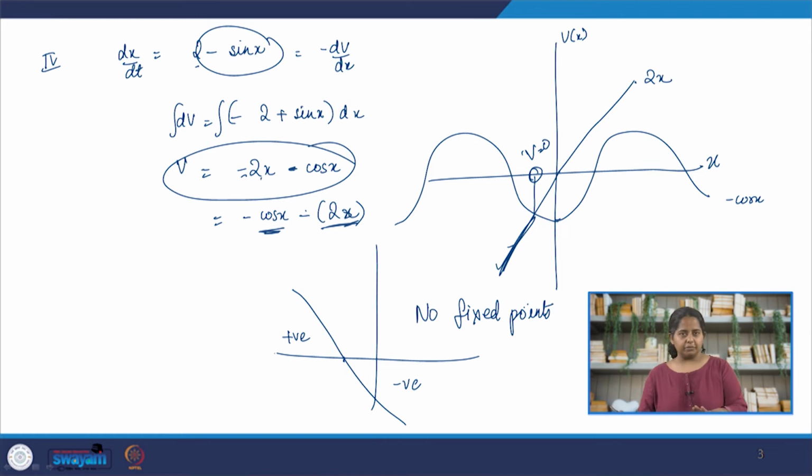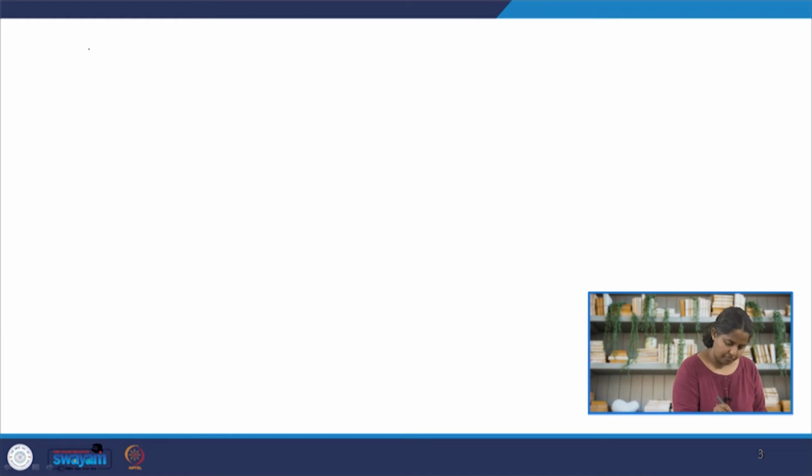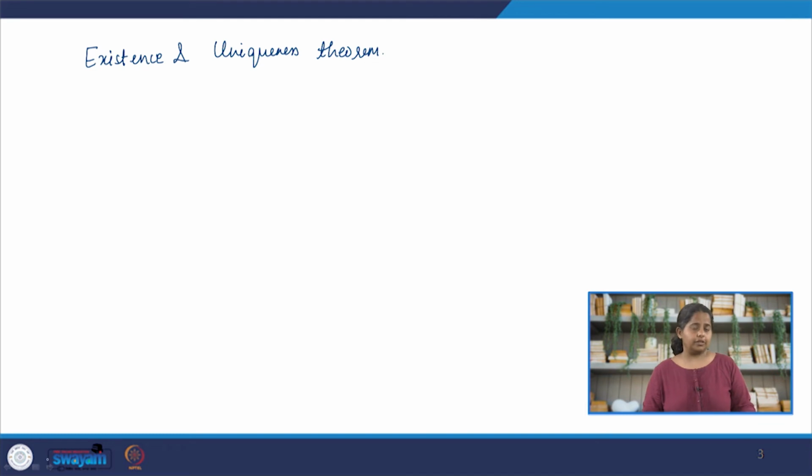So this is the potential approach, and now I want to dive into some of the prerequisites that are required for both the qualitative and the quantitative approach, which is that our model should have a unique solution in the time interval in a particular given domain. So this is where we will talk about the existence and uniqueness theorem.